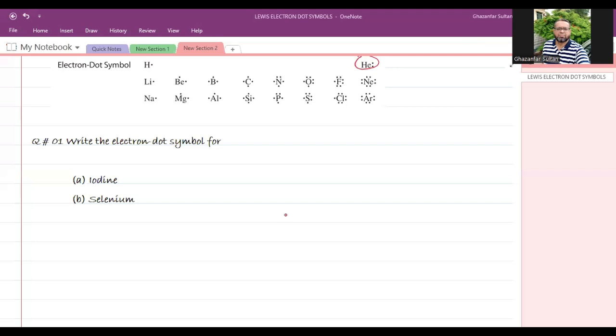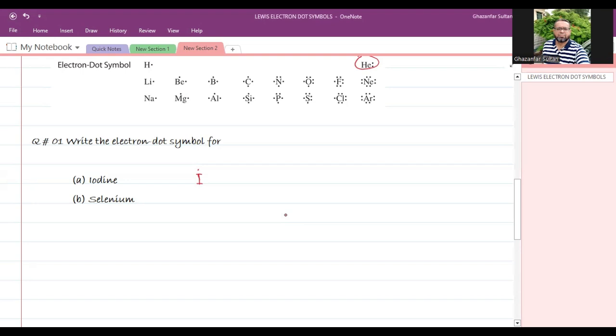Now you have a question. Write the electron dot symbol for iodine and selenium. First, write the symbol of iodine. The symbol of iodine is capital I. And see, in the periodic table, where is it? We can find it in group 7. So we have to arrange 7 electrons.